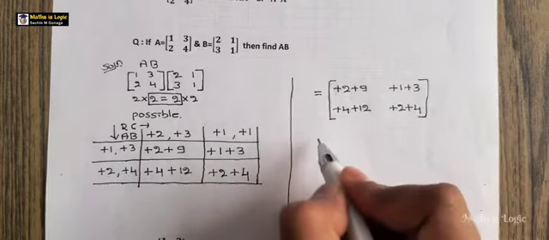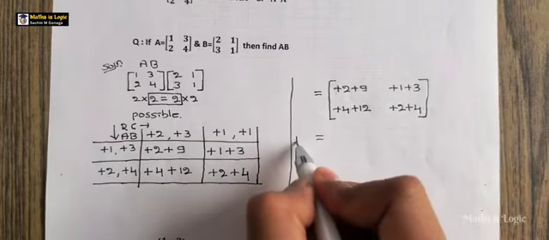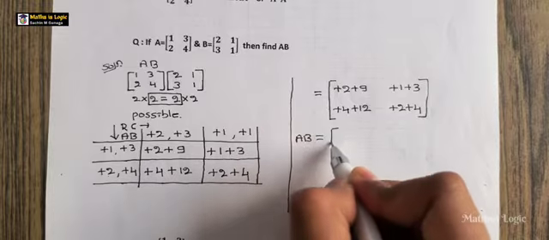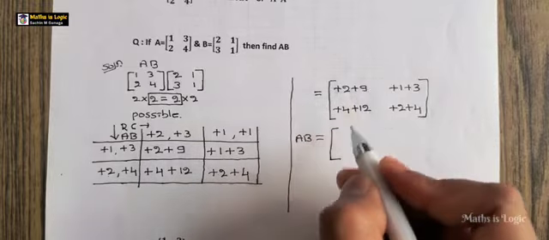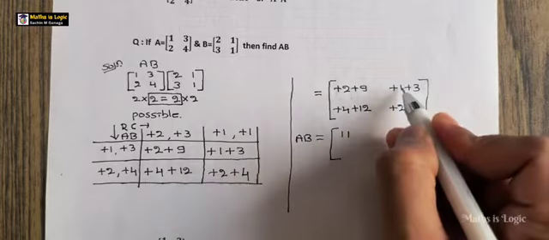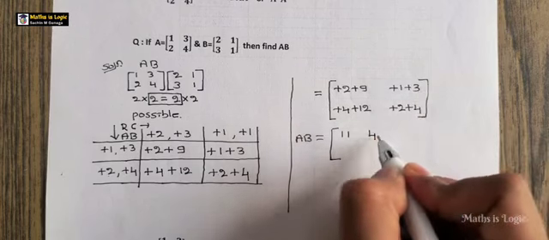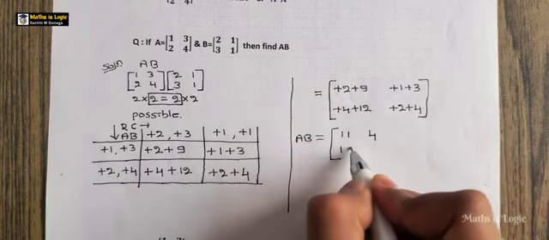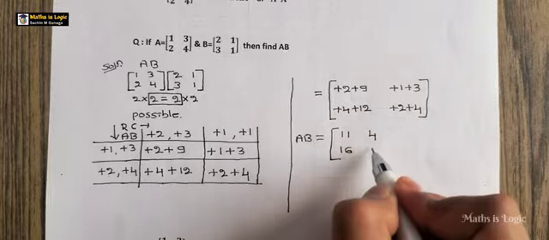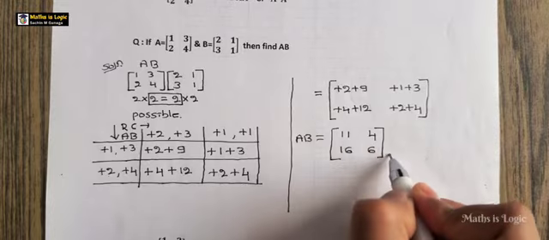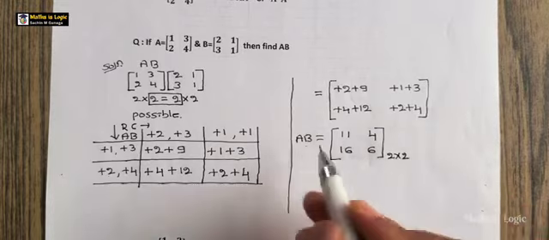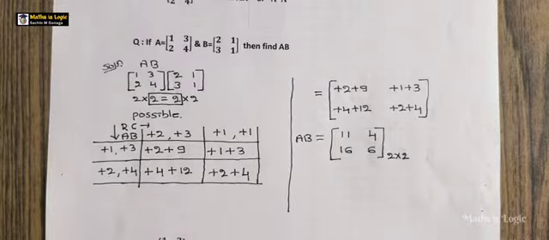Now use the calculator, otherwise you can do it directly. Therefore, what is the AB value now? Final answer is 2 plus 9 is 11, 1 plus 3 is 4, 4 plus 12 is 16, 2 plus 4 is 6. So what is the order? 2 cross 2. So this is the value of AB.